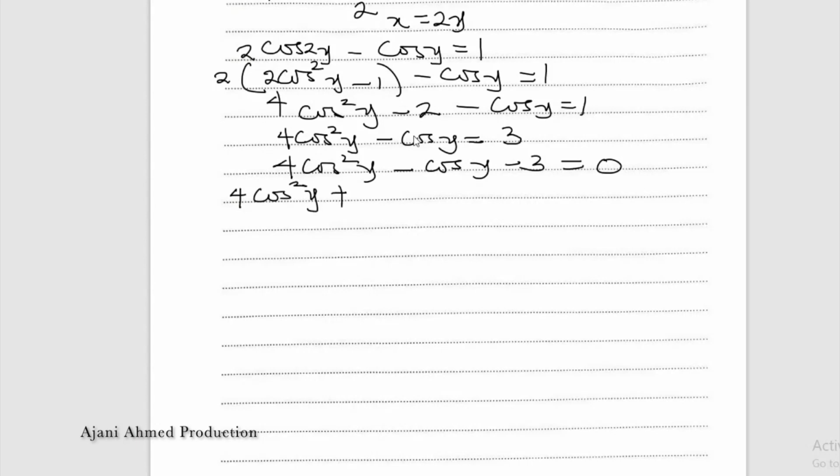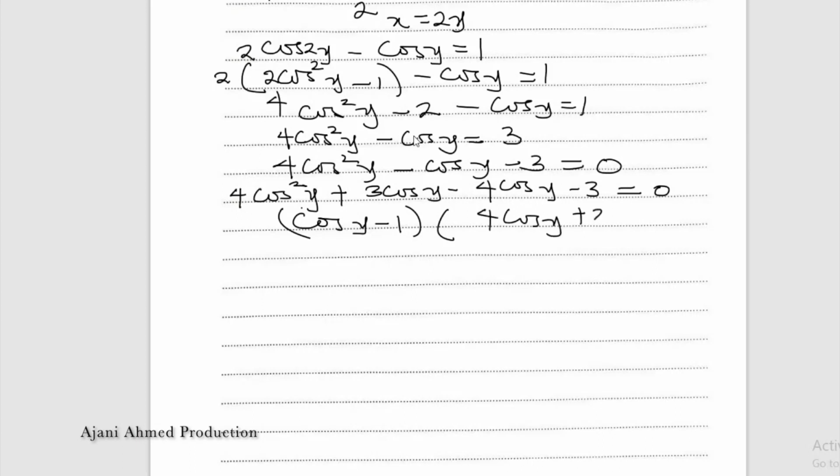But the 2 factors from this expression look like cos y minus 1 and 4 cos y plus 3 equal to 0.